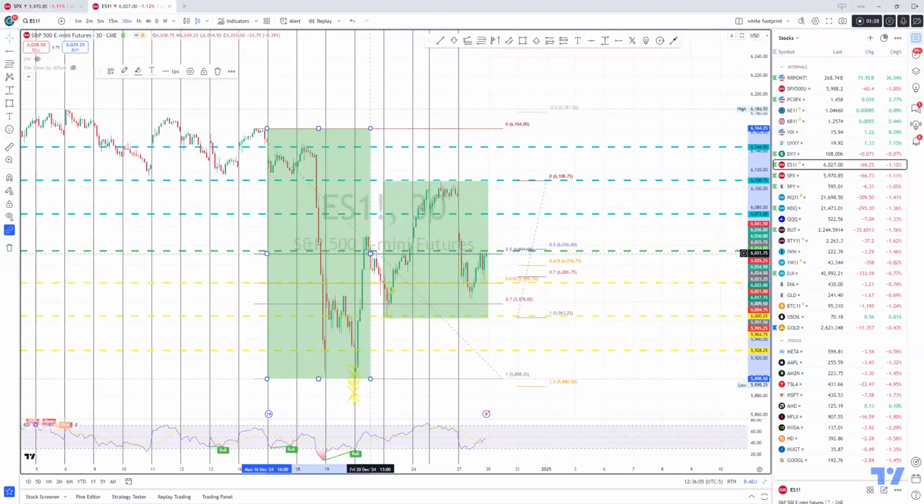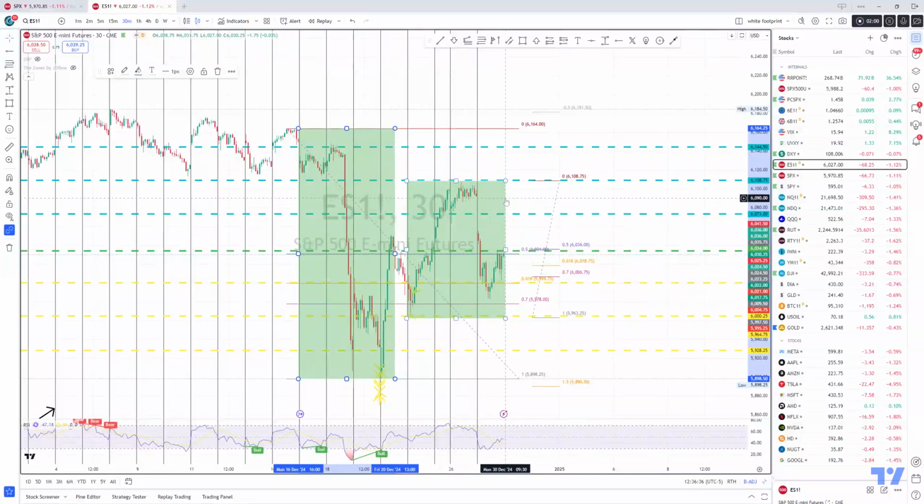You can call it a 2 week balance. So unless we break below here or here, we won't know which way we're going to go. And it just happened that the halfback or the midpoint of that balance area is right around here. If you look at the big number, it's exactly where we are, 6031.